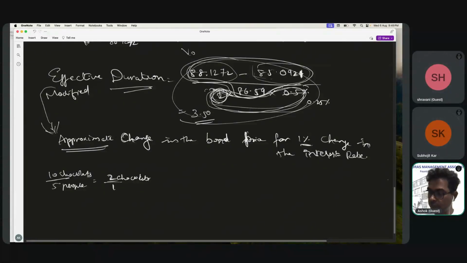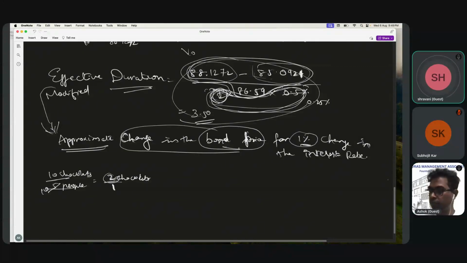Even if I give 10 chocolates to 10 people, I will get the value for 1%. So the 1% is to understand the sensitivity, right? Standardization. So for 1%, what is the bond price change? It has been standardized like this.